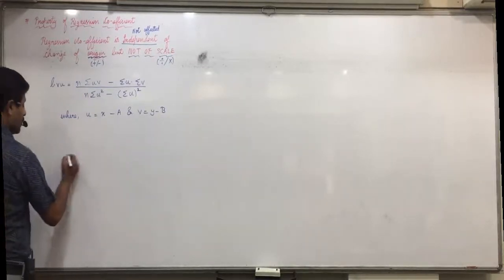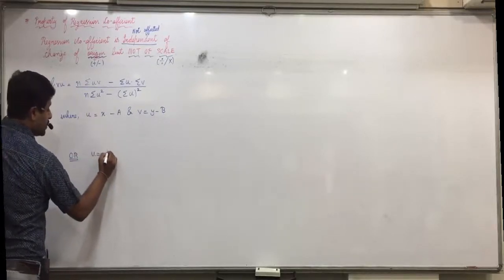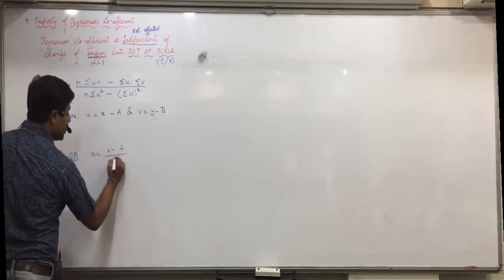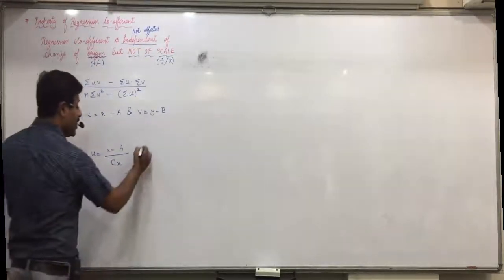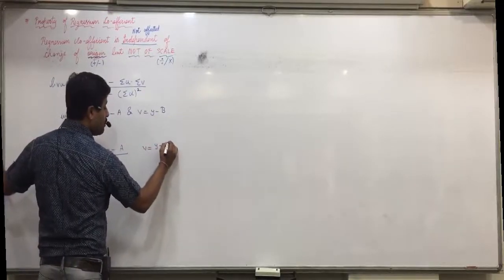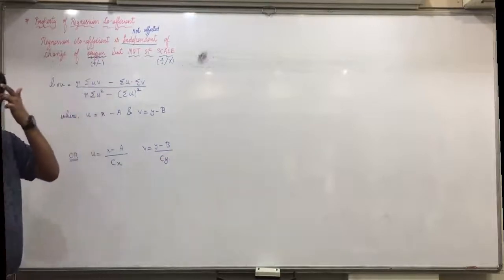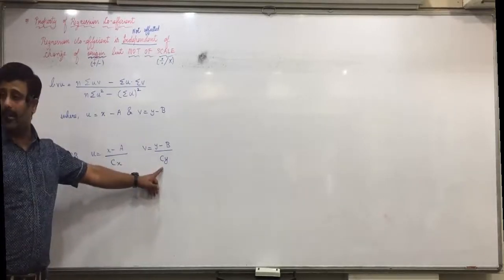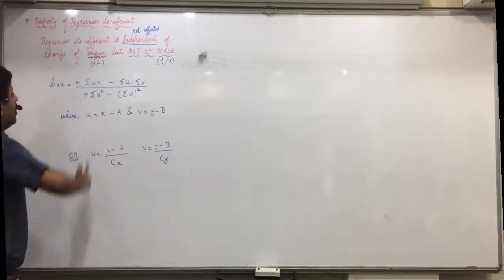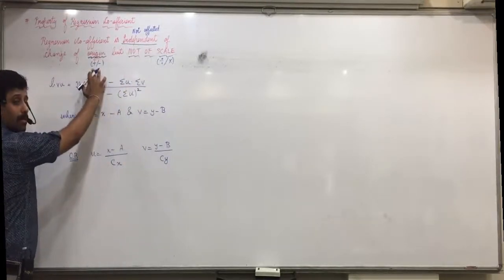And one more thing we used to obtain: U equals X minus A upon CX, and V equals Y minus B upon CY. Suppose C is the common factor, common factor in X and common factor in Y. Understood that?